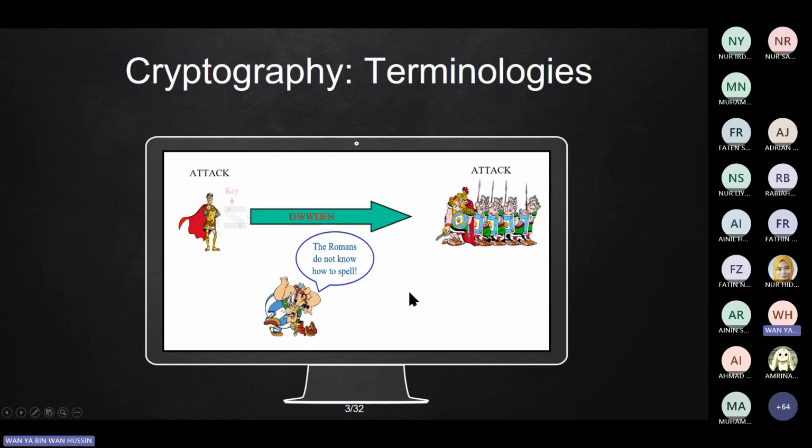After Caesar has done this, he will apply the key to scramble the words. In this process, it substitutes the initial word and transforms it to the other words, and this process we call encryption or cipher.